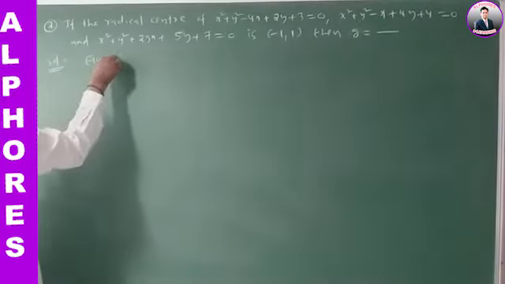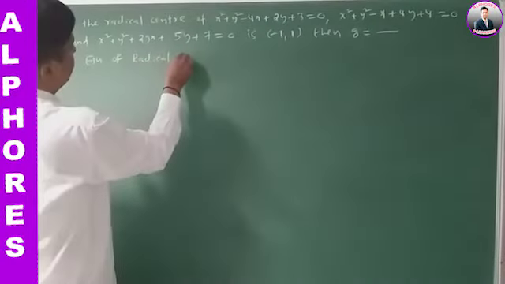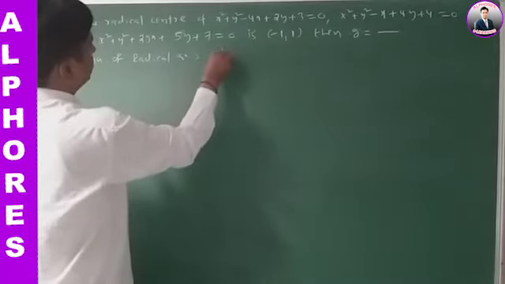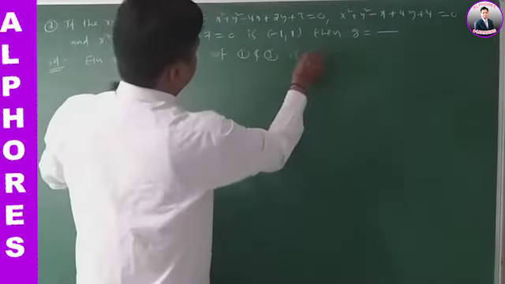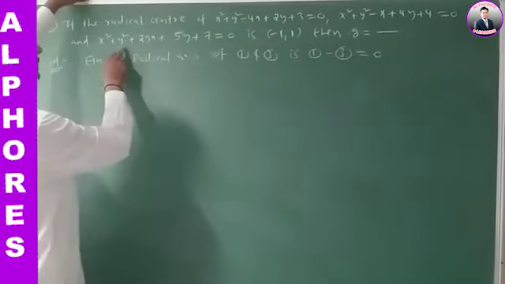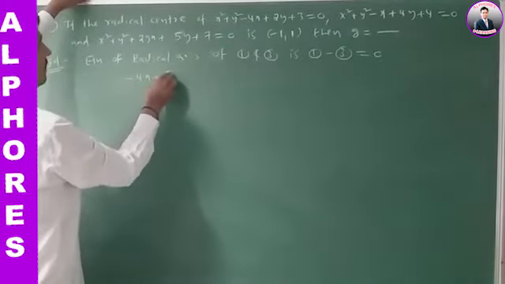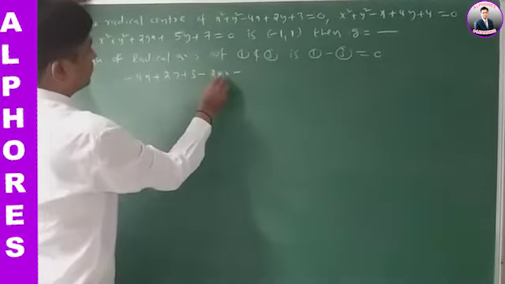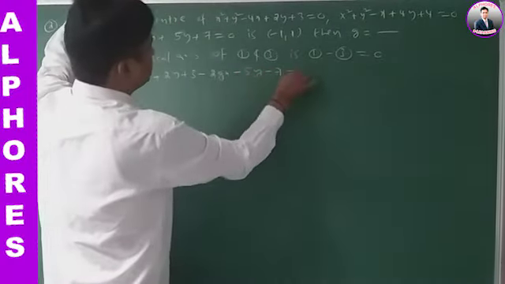Equation of radical axis of 1 and 3 is 1 minus 3 equal to 0. Here x square, y square get cancelled. Here minus 4x plus 2y plus 3 minus 2gx minus 5y minus 7 equal to 0.